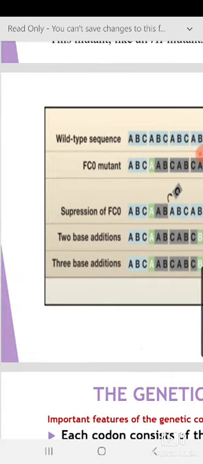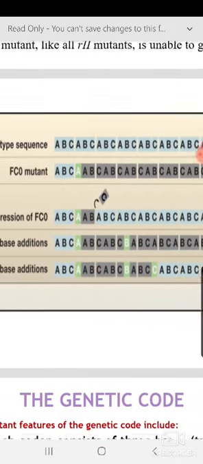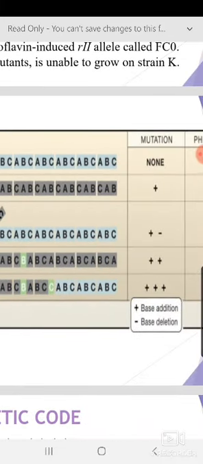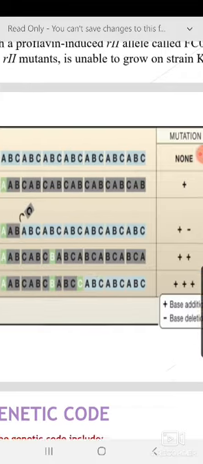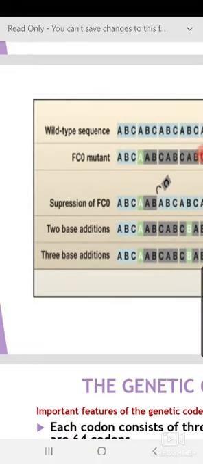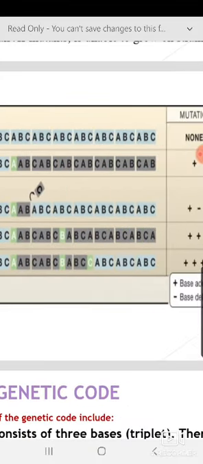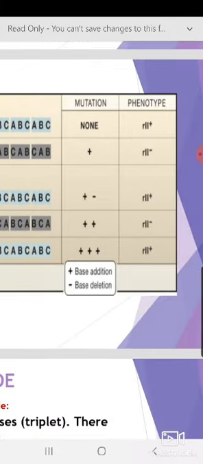But if it is a three base addition, at any part, they are getting the other sequence, that frame ABC, ABC, ABC, the frame is correct. So in this study, not only the addition, it was also observed that deletion of 3 bases can also restore the phenotype, that is R2, phenotype positive.